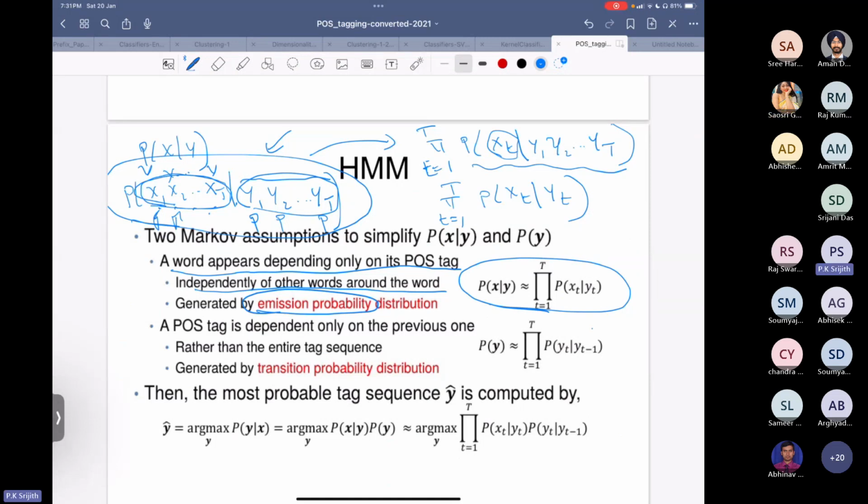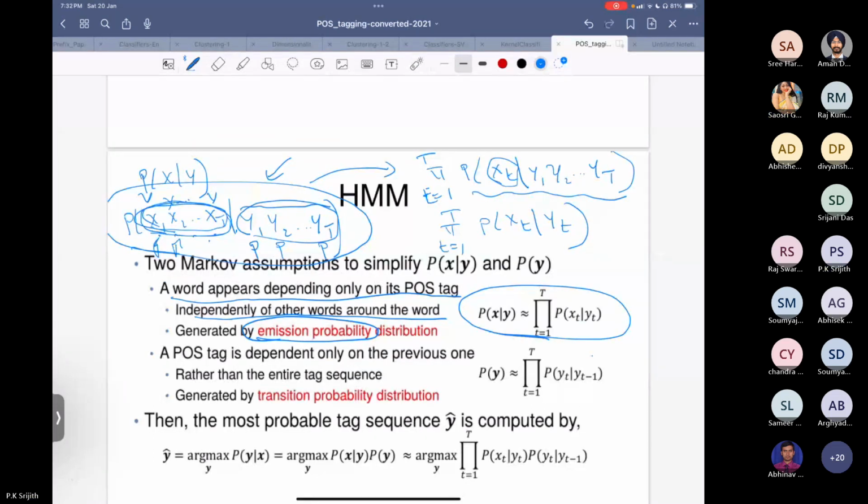Because when you are trying to jointly model all x1 to xt given y1 to yt, for a particular denominator y1 to yt, how many different possible numerators could there be?